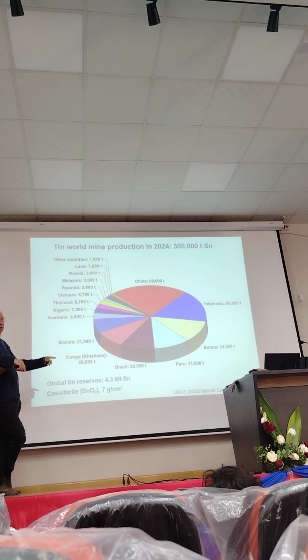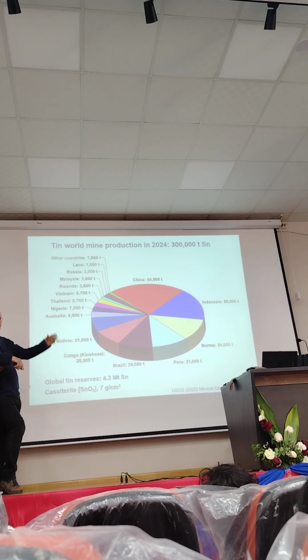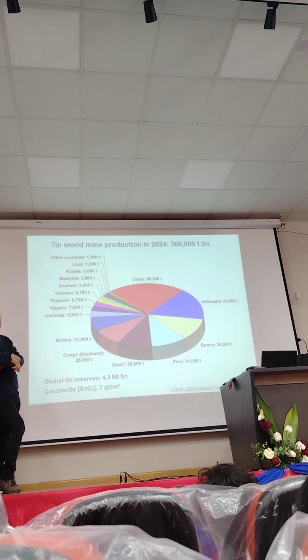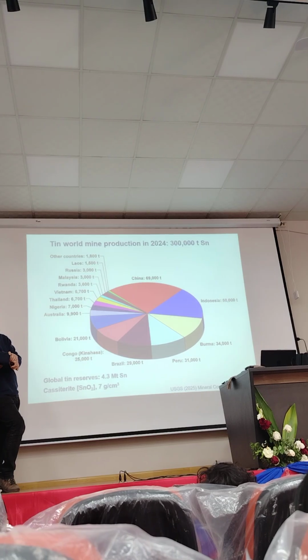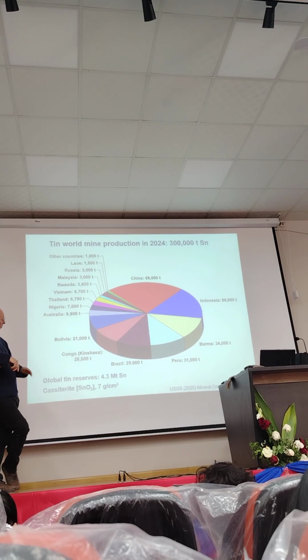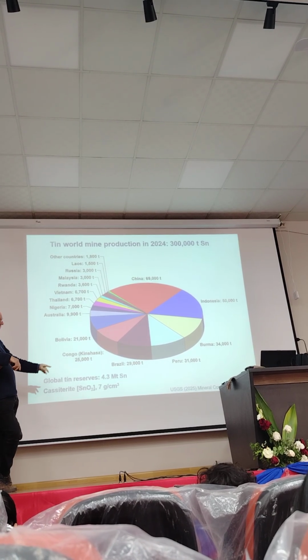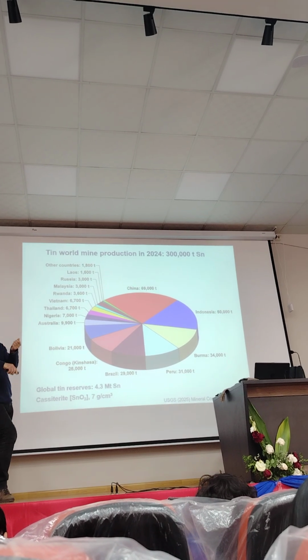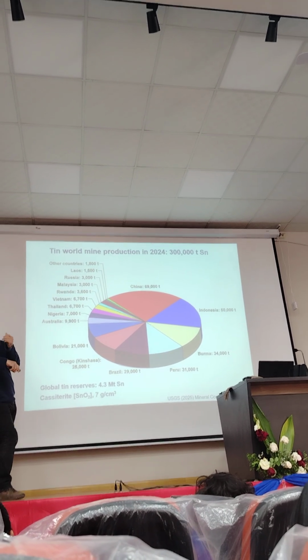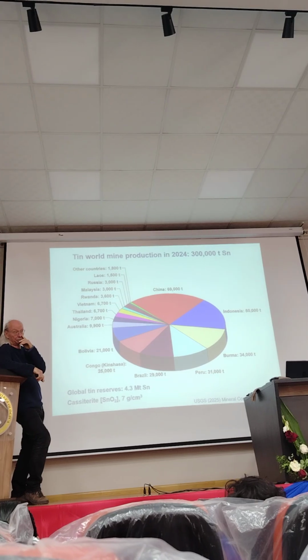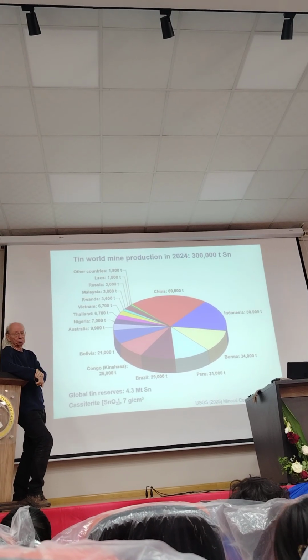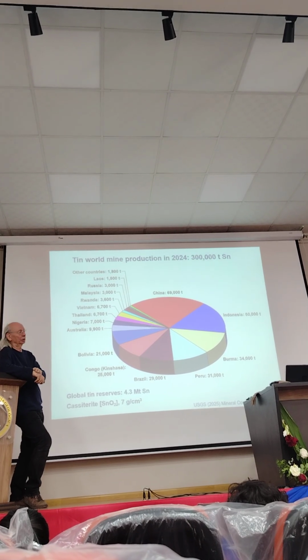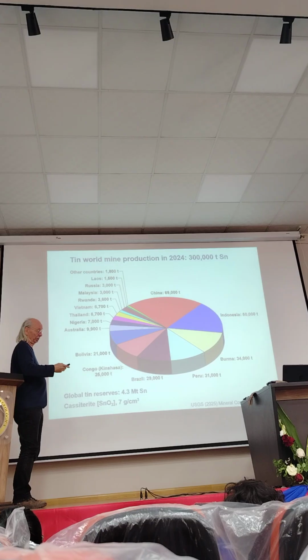This is different from wolframite, for instance. We have lots of tin placers, but tungsten placers are rare or don't exist because tungsten, in the form of wolframite, is also a heavy mineral, but the wolframite easily breaks, it's brittle, and then dissolves. So this is why placers for tungsten are nearly nonexistent.